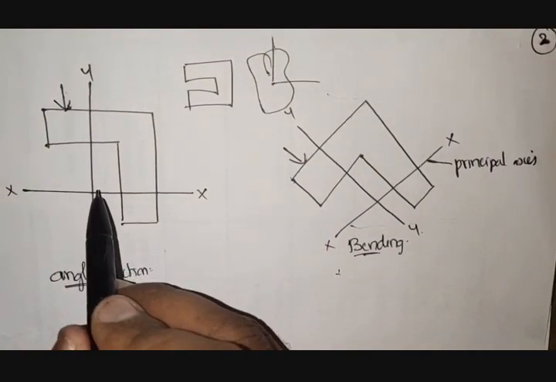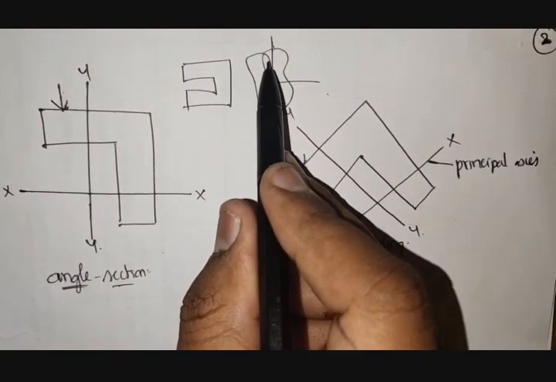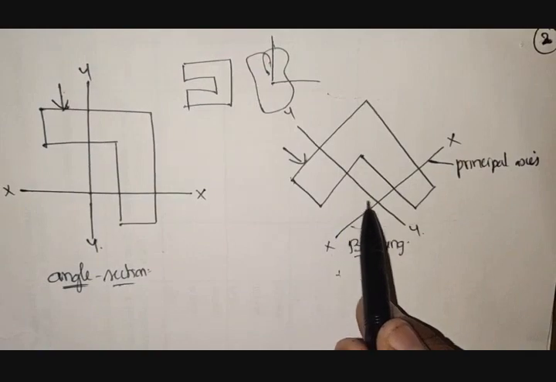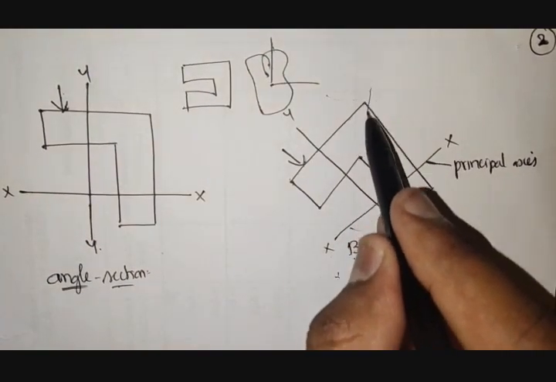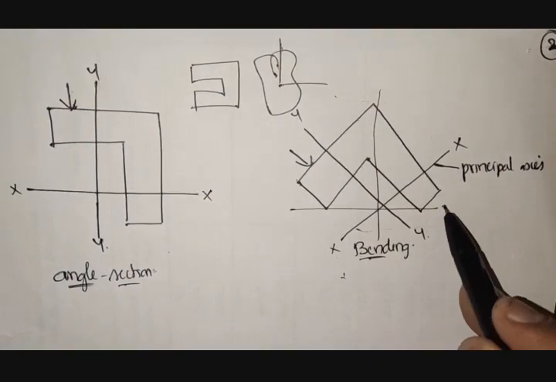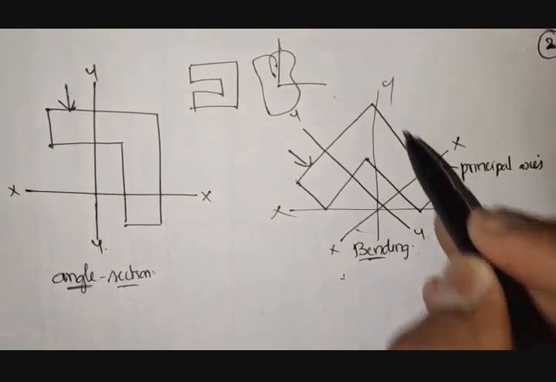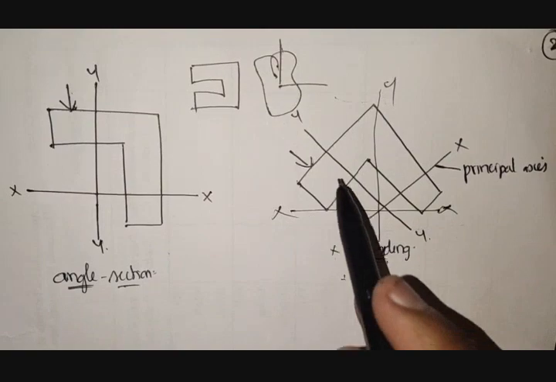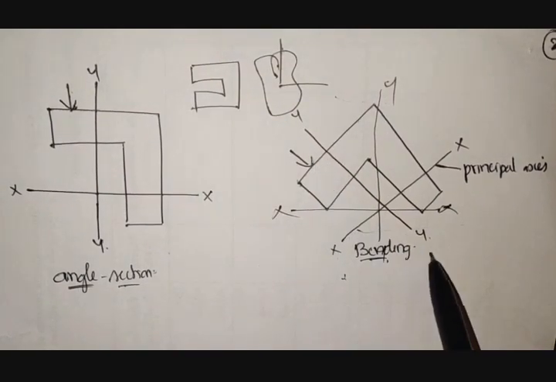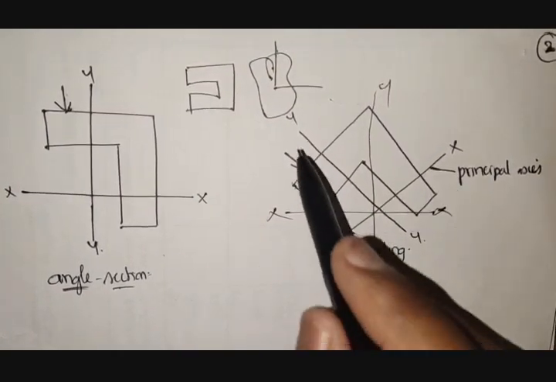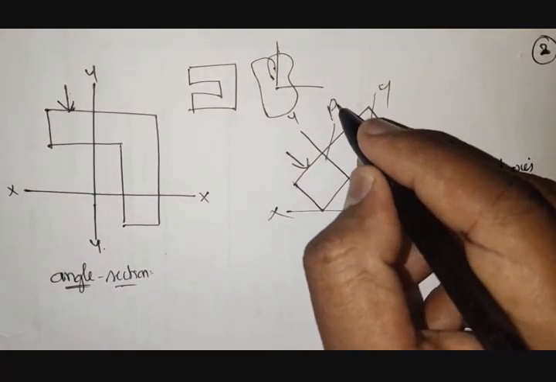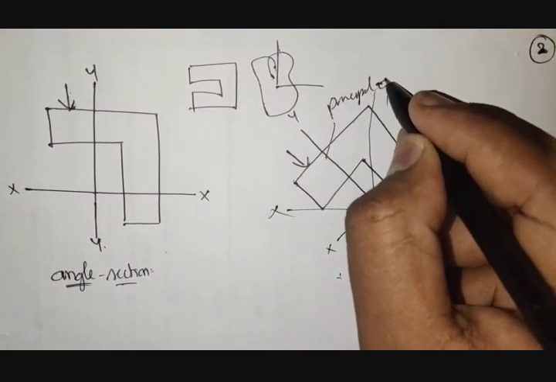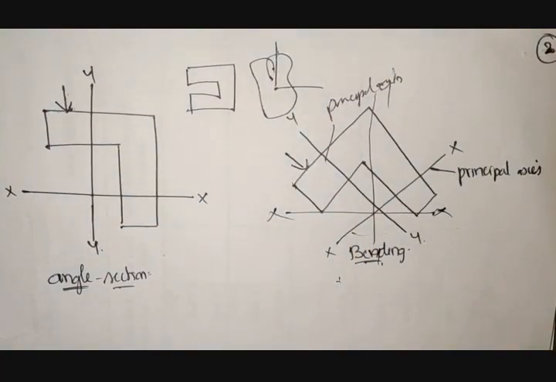For an unsymmetrical section, with the help of load it is going to change into some bending. Previously the axes were xx and yy. With the help of bending, some new axes are going to develop. These new axes are principal axes only for the unsymmetrical sections.